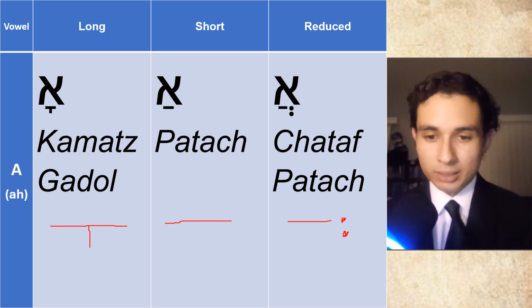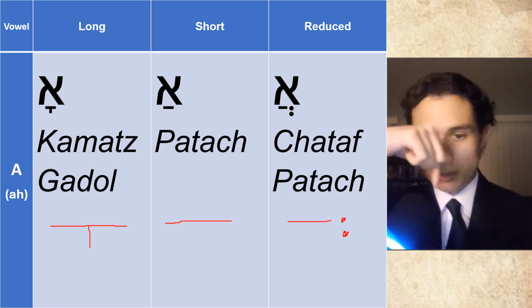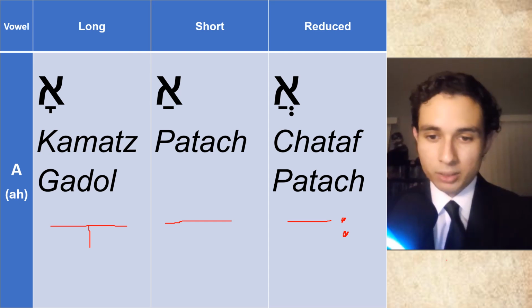Now, if I wanted to practice, let's say here, right under my frame, I'm going to put the letter bet and a kamatz gadol. What sound is that going to make? It's going to say ba. All right, let's try a different one. If I wanted to do a kaf and a patach, that's literally just ka.